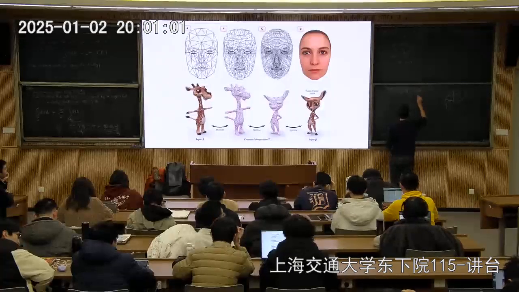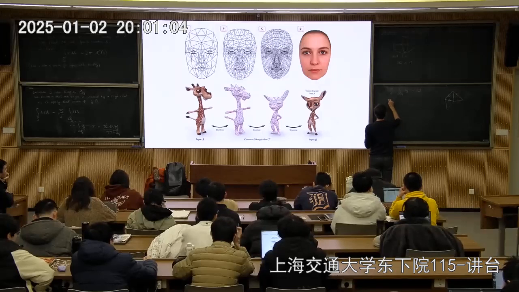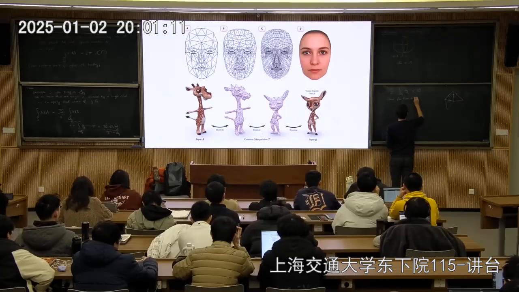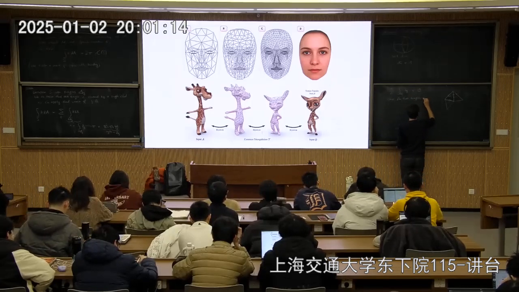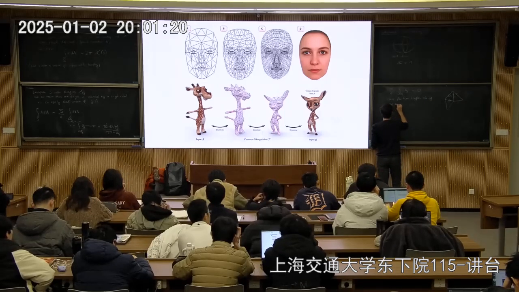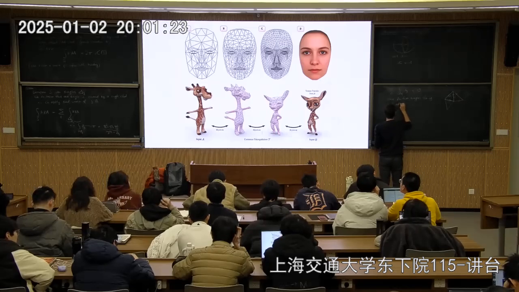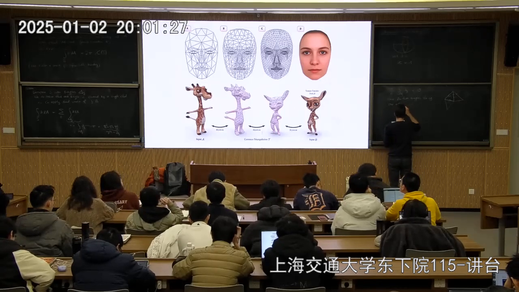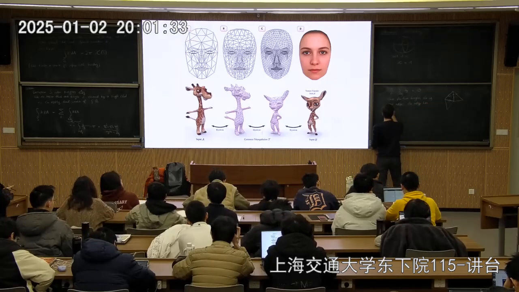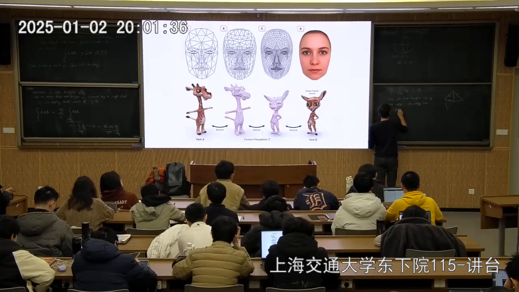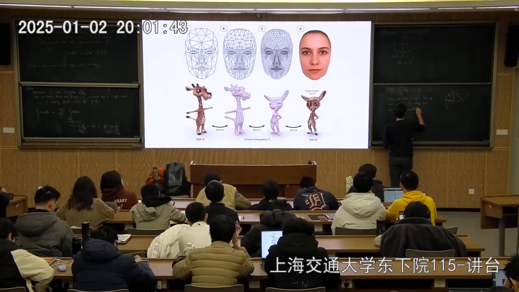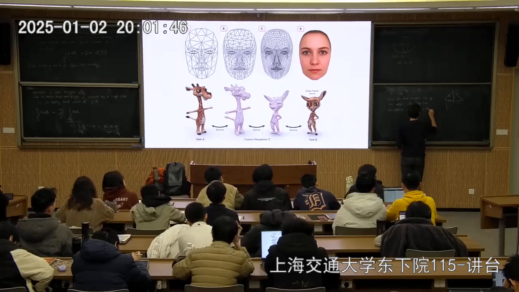So here, we actually get 0, since for two triangles that share one edge, the edge has the opposite orientation in the above sum.